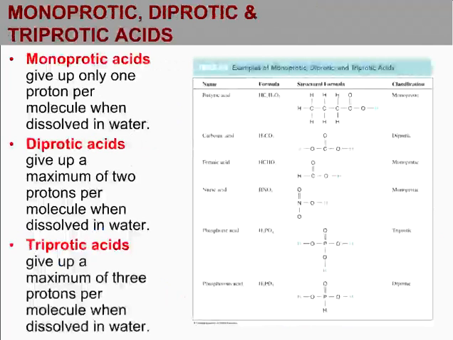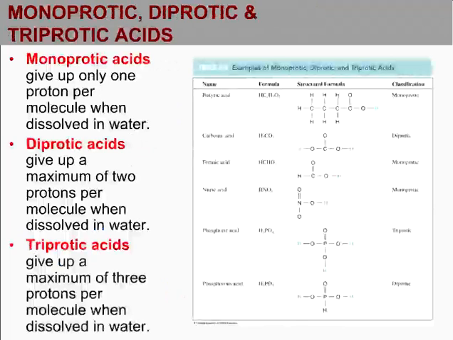All right, so just a couple more things before we go today. I know this is a bit of a long lecture. Some acids can actually give up more than one hydrogen ion, and we call those either diprotic or triprotic acids. So remember, we can also refer to a hydrogen ion as a proton because once it loses its electron, all it has is a proton left over.